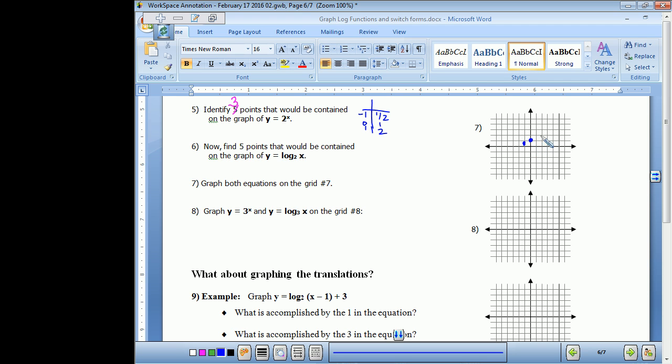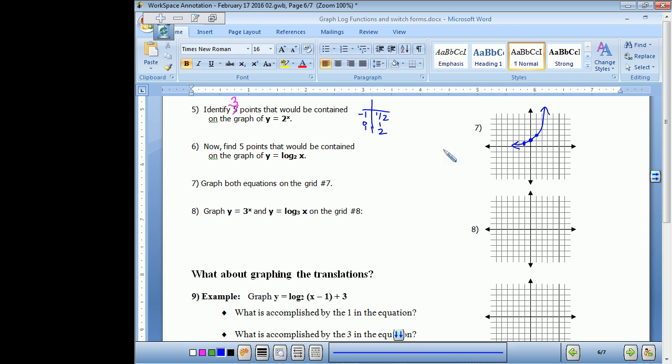We know it has an asymptote, and the asymptote is the x-axis. It is the line y equals 0. So we know it rides along this line, approaching this line as x approaches negative infinity. And it's an exponential increasing function.